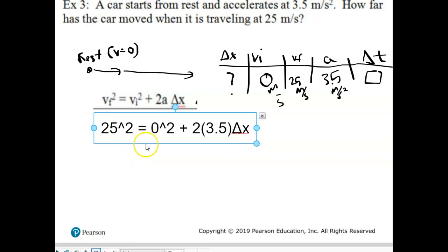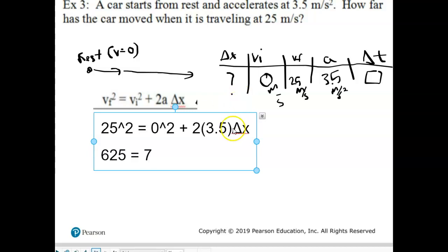Doing this math, 25 squared is 625, 0 squared is 0, 0 plus anything is still just that number, and this is going to be 7, and then I'm going to have delta x there.